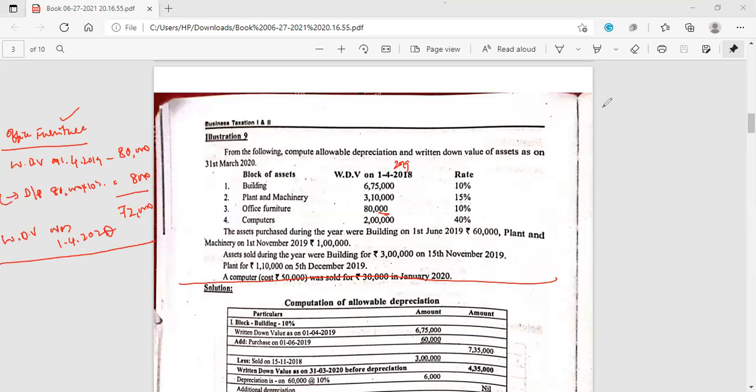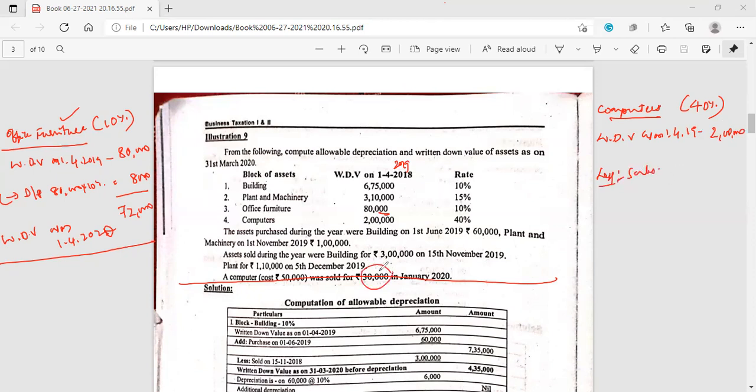The next is computers. There is another block. The rate of depreciation in the case of office furniture is 10%, and here it is 40%. Return on value as on 1/4/19, given in the problem, is 2 lakh. If there are any additions, we have to consider. There are no additions, but there is a sale, so straight away less sales.